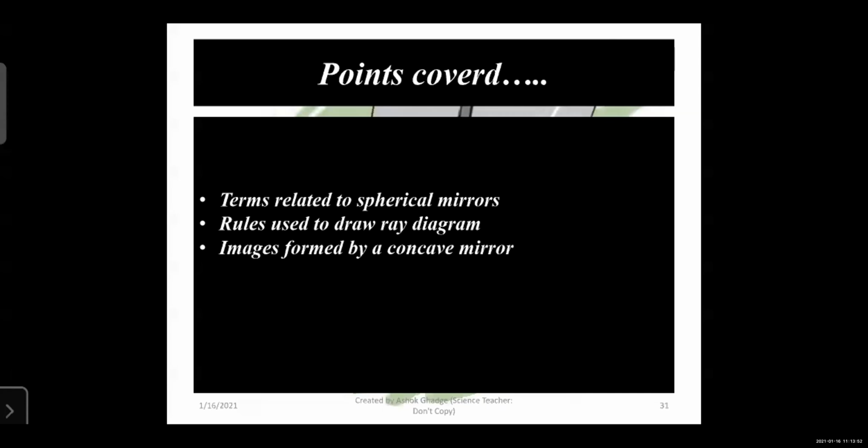In the next part, we have seen the images formed by concave mirror. There were 6 positions. In the first position, the object was placed at a very large, infinite distance. Then we got the image at the focus. In the second position, if the object is beyond the center of curvature, we got the image between focus and center of curvature.